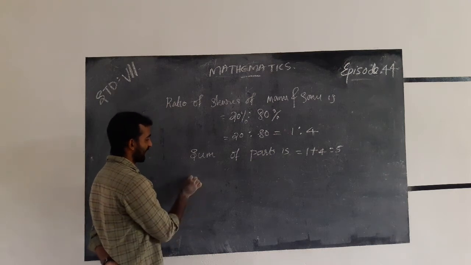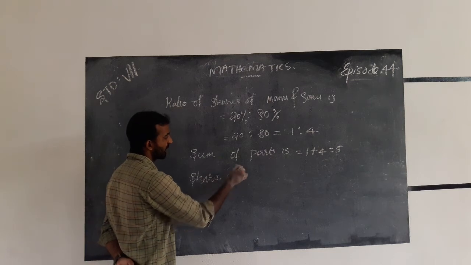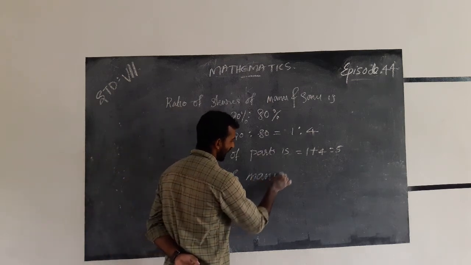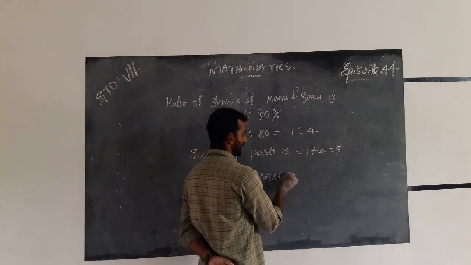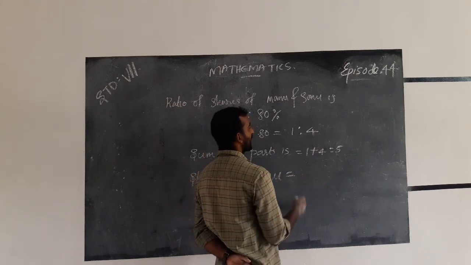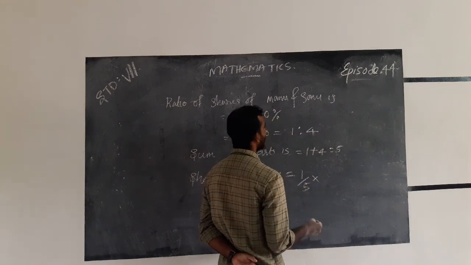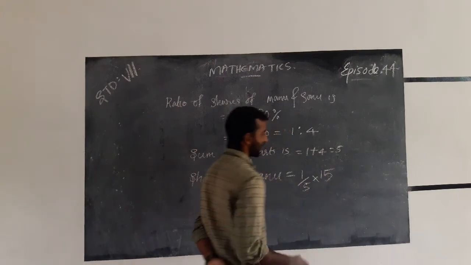The share of Manu is equal to, which way do we find it? The total is 5 and the share is 1 by 5. 1 by 5 into the total, which is 50.